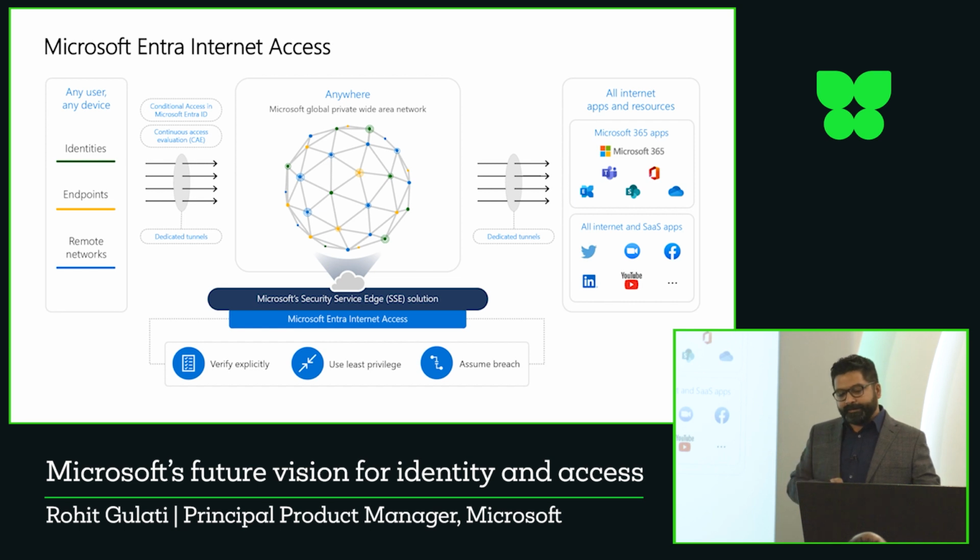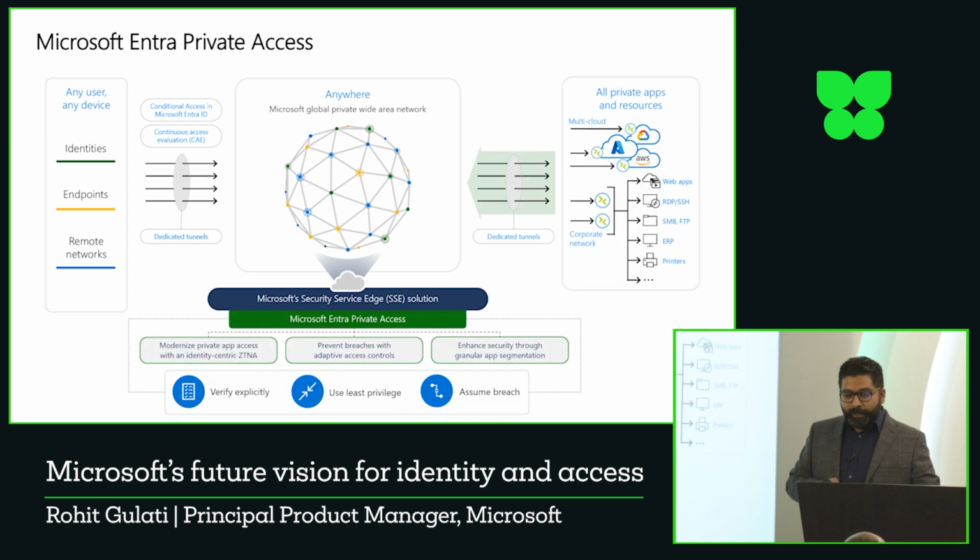And then the same principle lies for the SaaS app portfolio. Private access, as I said, is for your apps that you run on premises or on private clouds or IaaS PaaS platforms. Today we use VPN, but when you give a user a VPN access, you're opening the whole network segment. Can I just not control per app access? Or why even per app? Can I just not give per process access to a particular model?